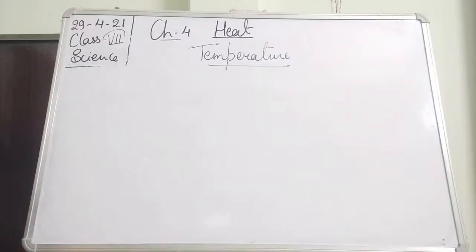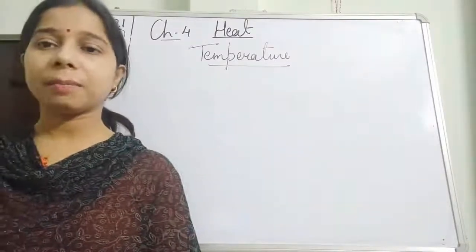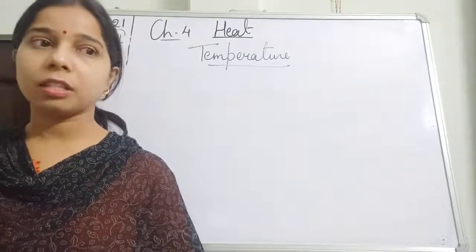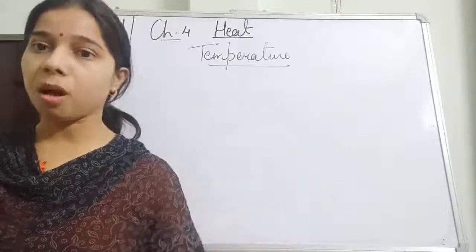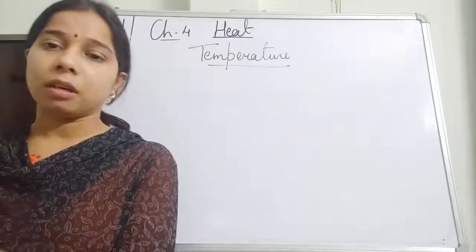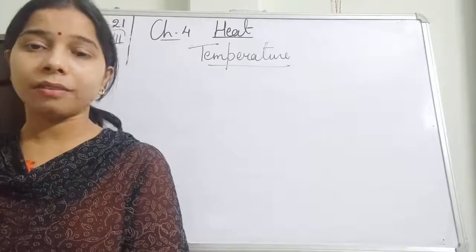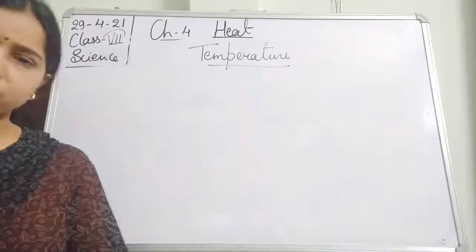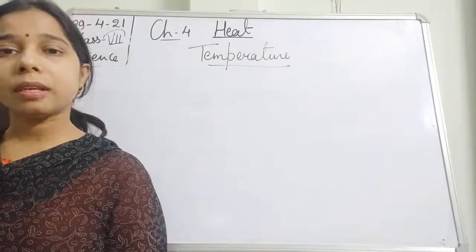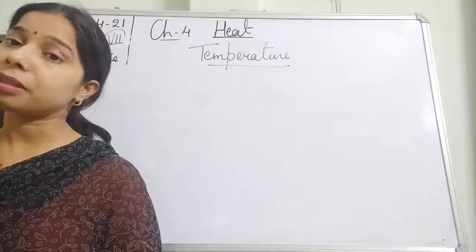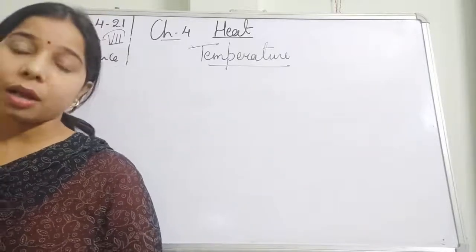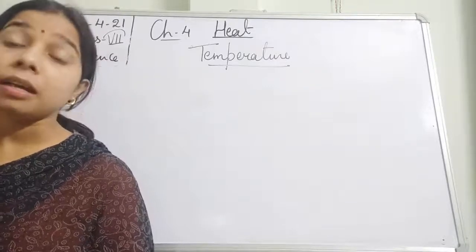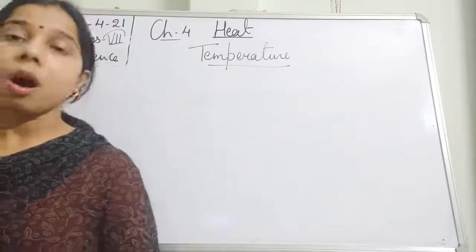Or when we keep an object in a fridge, its temperature decreases. So what does that mean? When you keep an object on a gas burner, it becomes hot, and we say that the temperature rises. And when we keep the same object in the fridge, it becomes cool, it means its temperature decreases. So on the basis of that, we can decide that the hotness and the coldness of the object decide the temperature of an object.